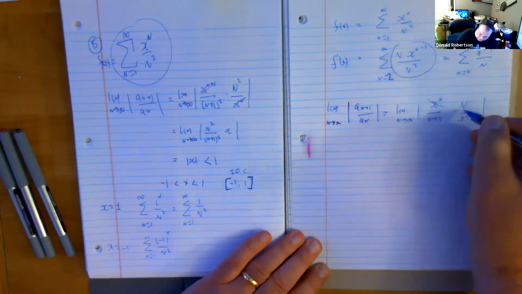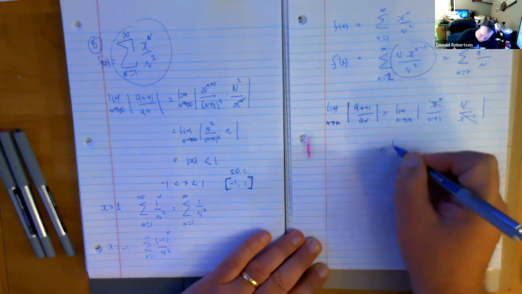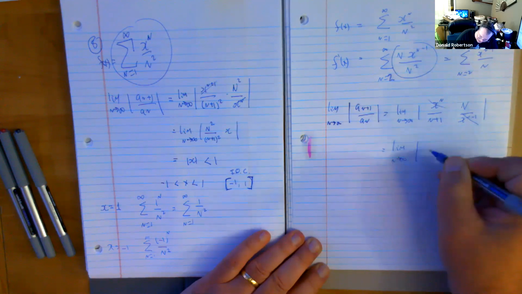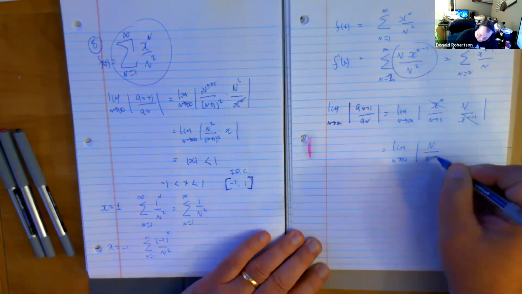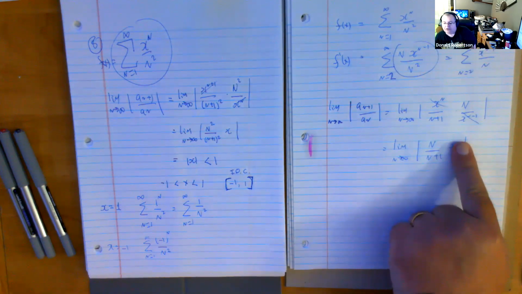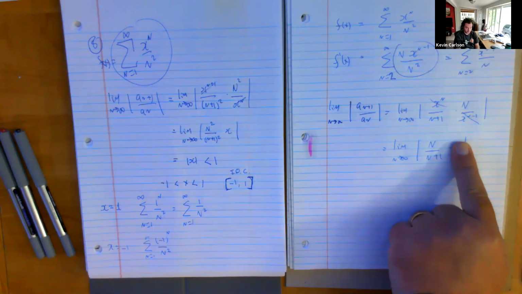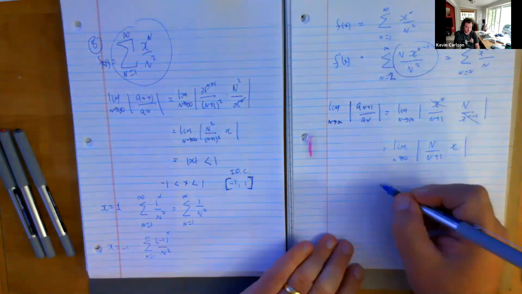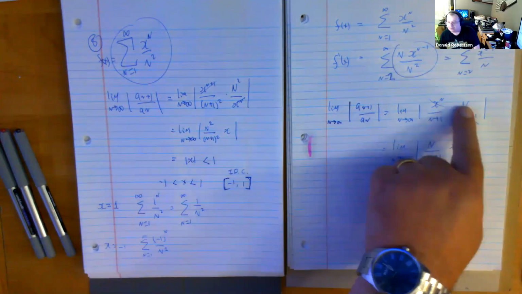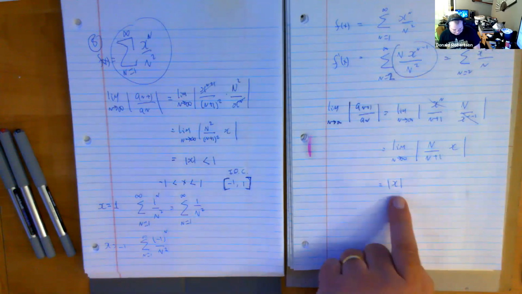These cancel and leave an x. So now we're going to get the limit as n tends to infinity of n over n plus 1, times x. Now we focus on that part. Would you agree that is 1? Yes. So we get exactly the same result, but for slightly different reasons, that the limit is the absolute value of x.